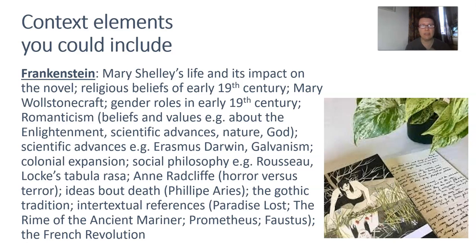So we looked at Ann Radcliffe and the difference between horror and terror. We looked at the emerging ideas in Europe in the 1800s to do with how death is treated differently within society and how that influenced how death was presented in art. And then, of course, we've got the intertextual references with Paradise Lost, The Rime of the Ancient Mariner, we've got Prometheus, Faustus and the French Revolution.